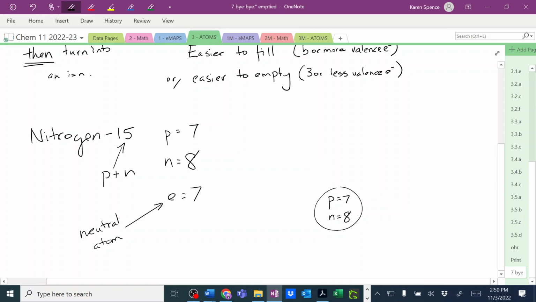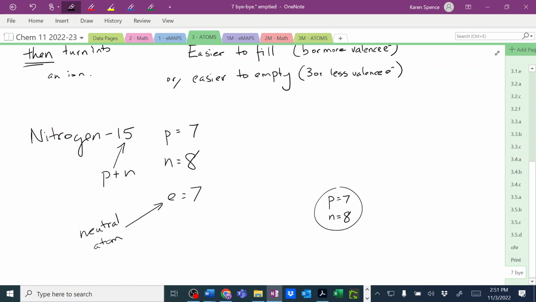What should you start with? The neutral atom. Okay.